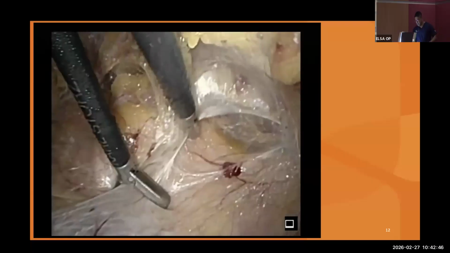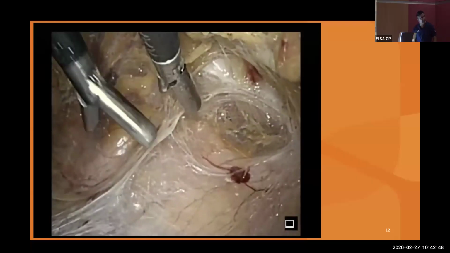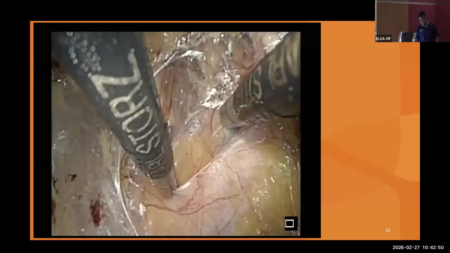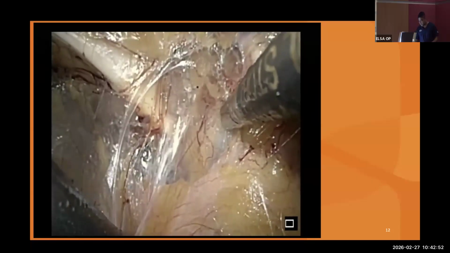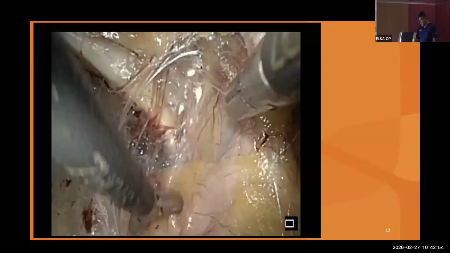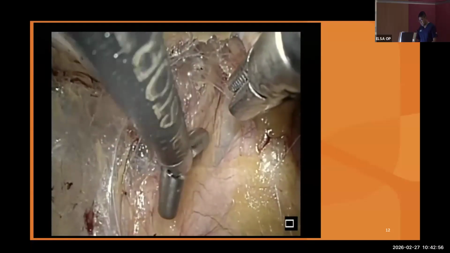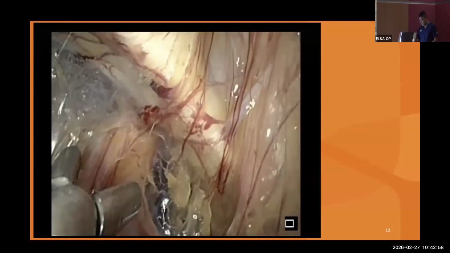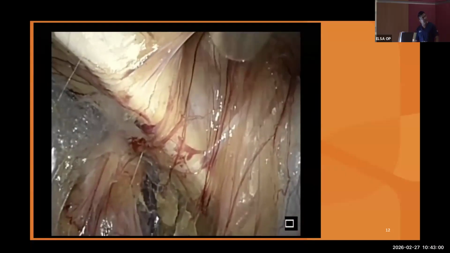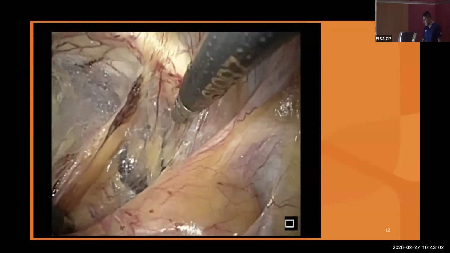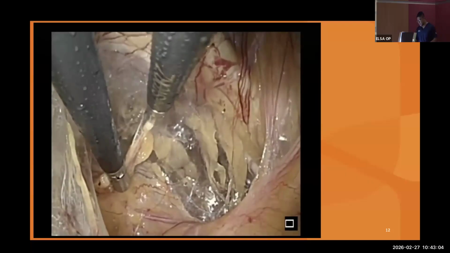So that's a femoral hernia. That's an obturator hernia. So these are the advantages of doing endolaparoscopic hernia repair.